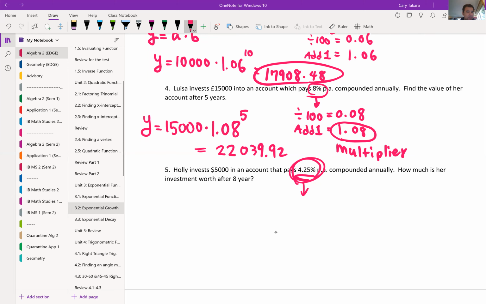So you have to go through the normal procedure of dividing by 100. Okay, so you do 4.25 divided by 100, and what do you get? You get 0.0425. Is everybody okay on that?